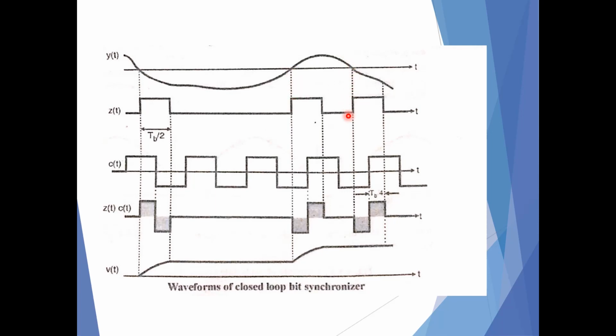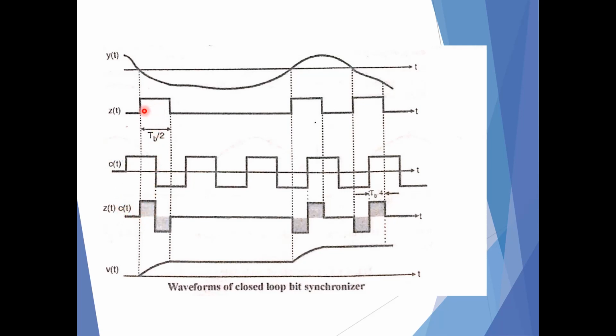The ZCD output, z of t, is then multiplied with c of t, which is a square wave clock coming from the VCC, that is the voltage control clock. So this is our c of t. The multiplication of z of t and c of t generates the multiplier output.